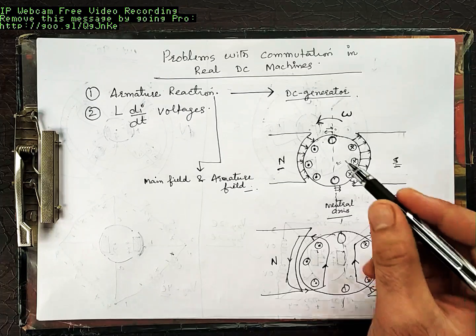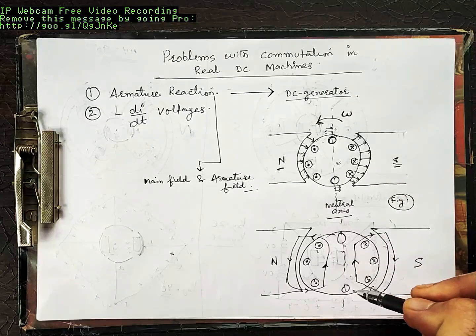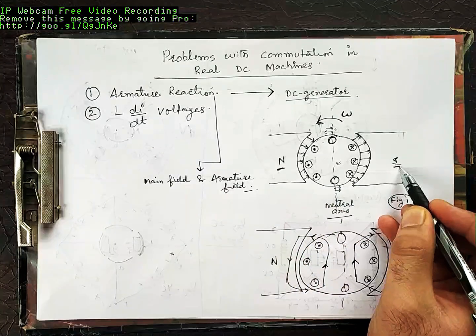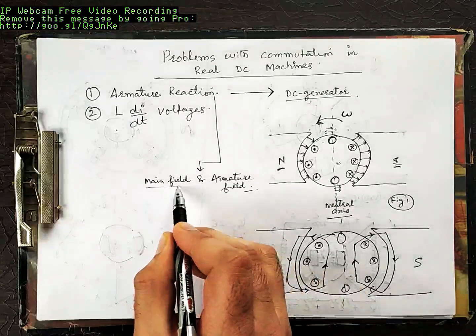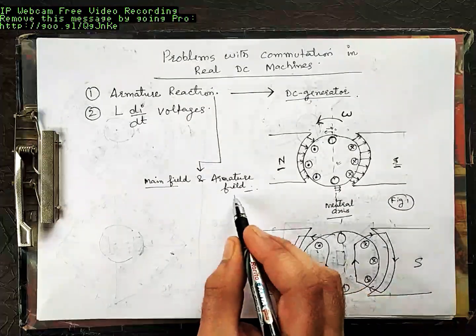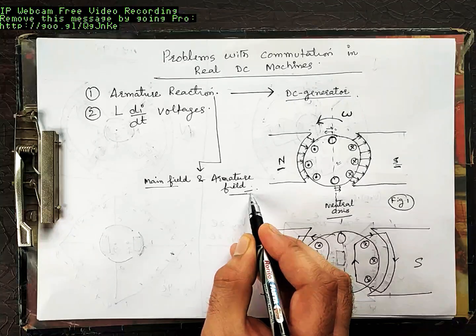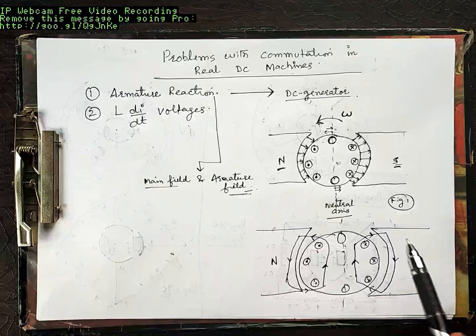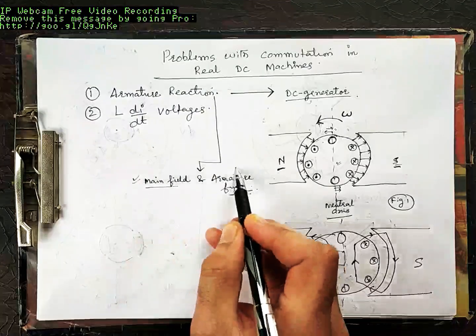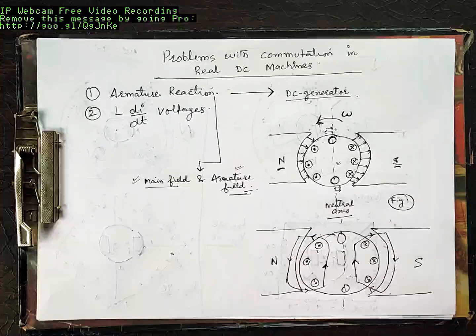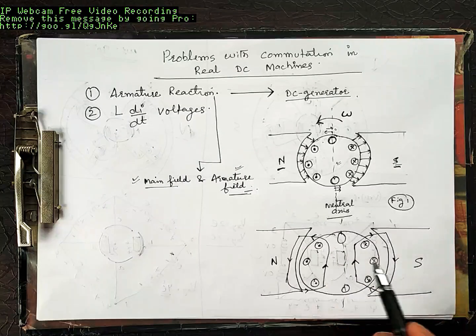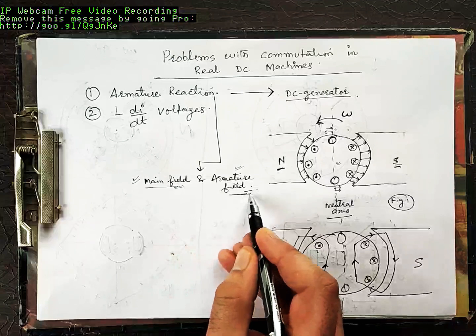Since you have two magnetic fields inside the machine, this was the magnetic field to begin with, what you call as main field. Because of this armature field, now the total magnetic field in the machine will be the resultant of the main field and the armature field.